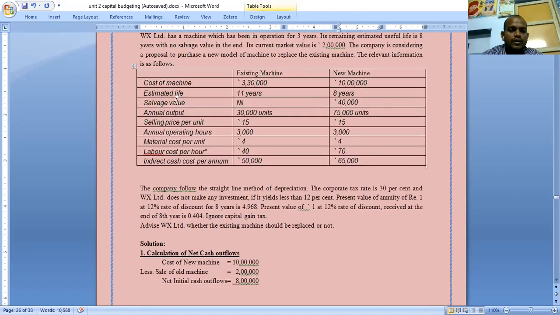Then we have to deduct the annual operating costs: material cost, labor cost, and indirect cash cost per annum. Labor cost will be calculated with the help of operating hours: 40 into 3,000 hours, and for the new machine 70 into 3,000 hours. Let us go one by one.